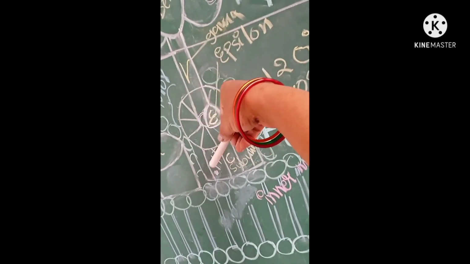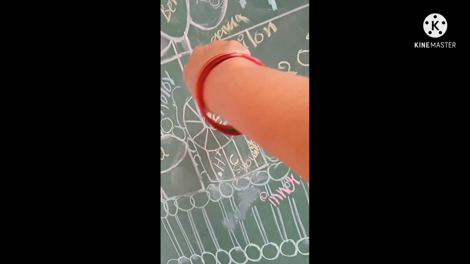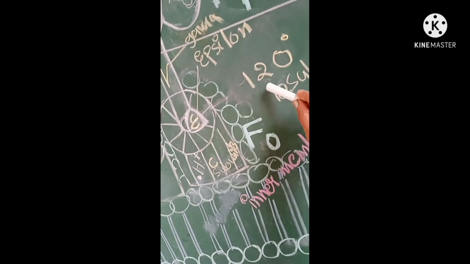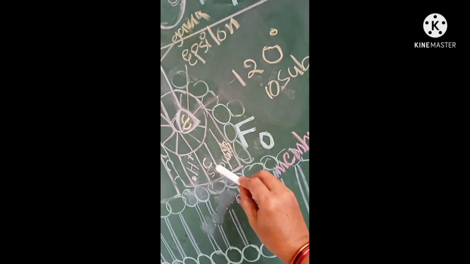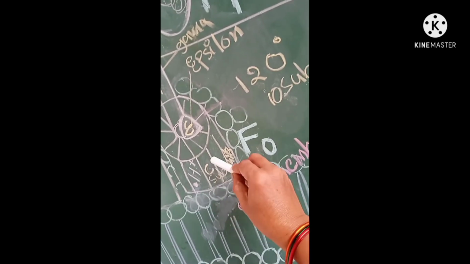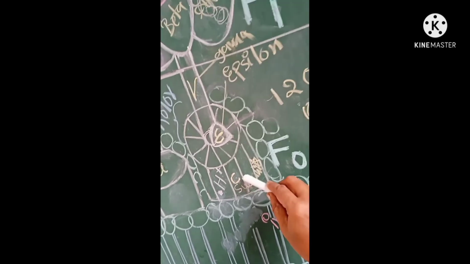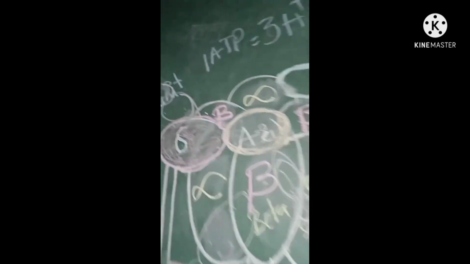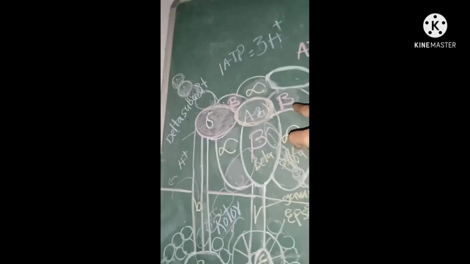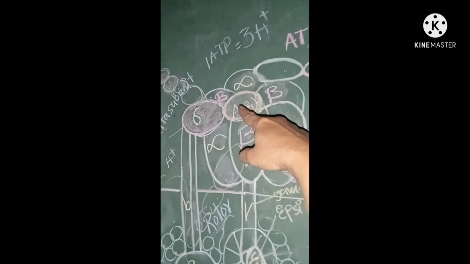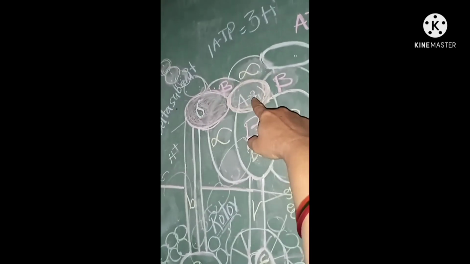The rotation of the rotor-like motor causes the axial to rotate 120 degrees also, which causes one beta subunit to loosely bind ATP and free phosphate. Once the hydrogen ion makes the complete rotation, it exits through a channel in the stator of the ATP synthase.